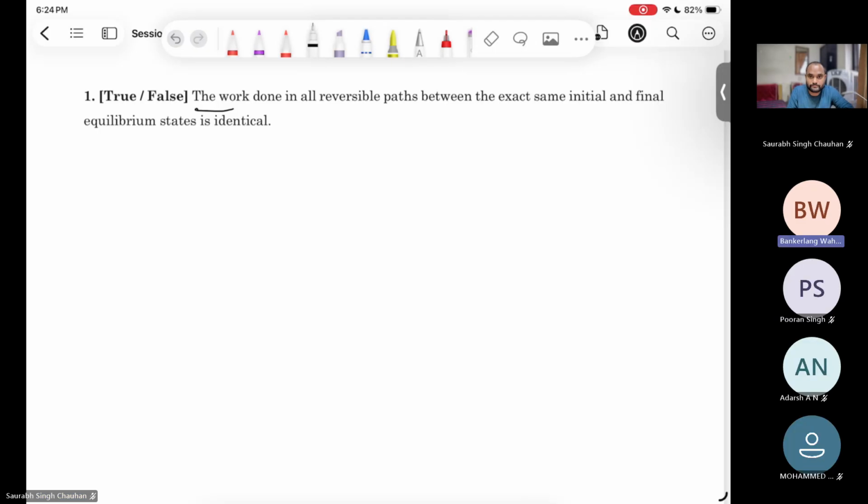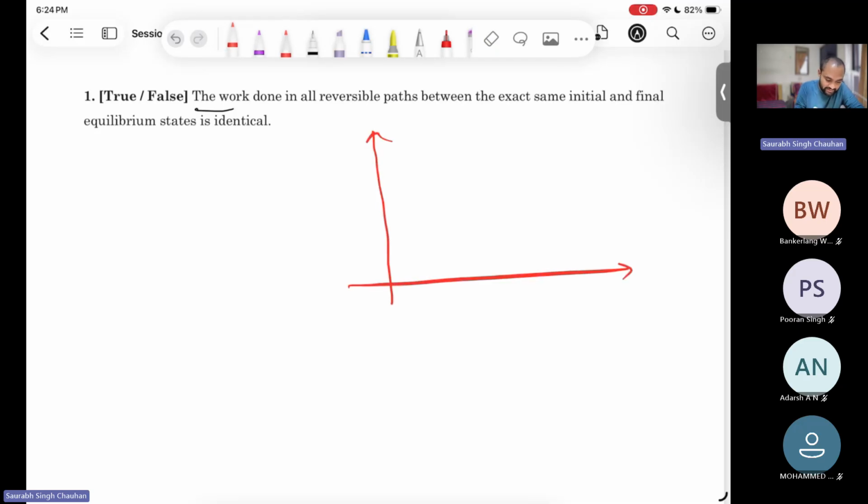Yes, sir. It's true, I think, because that is calculated through the area under the curve of the PV diagram. You are very close. You said that work done between any two states is the area under this curve. For example, we can make the PV diagram or entropy-temperature diagram or these sorts of diagrams. For example, this is point 1 and this is point 2.